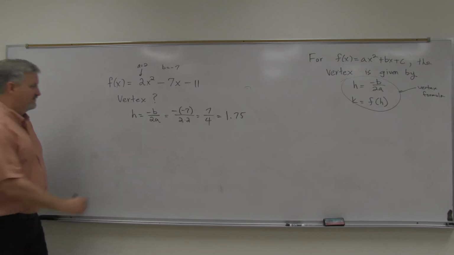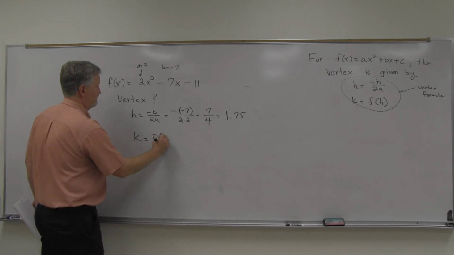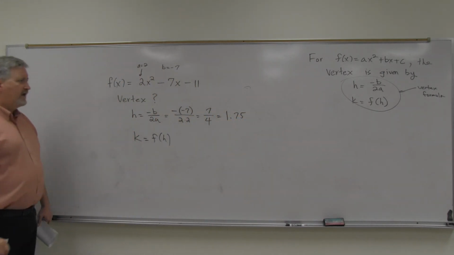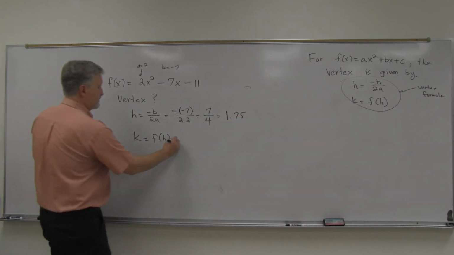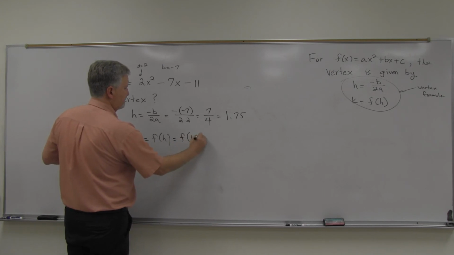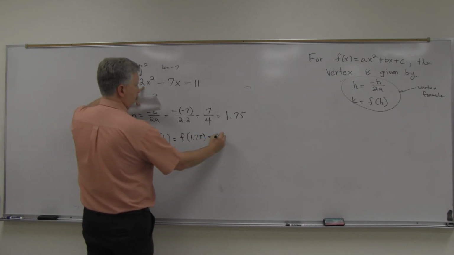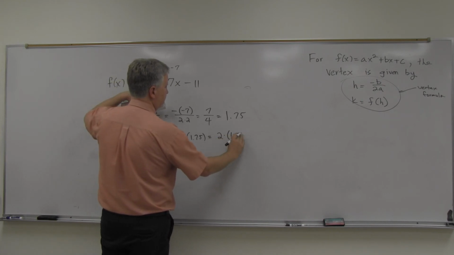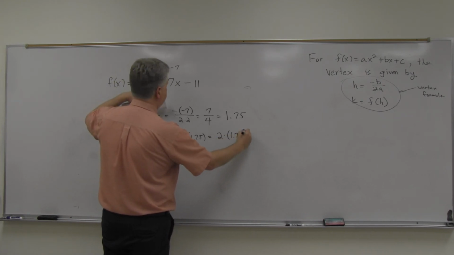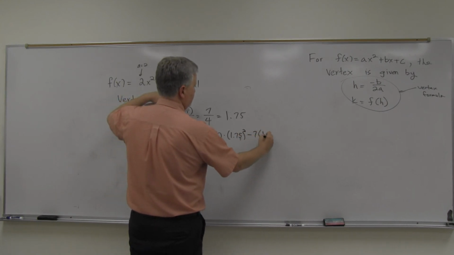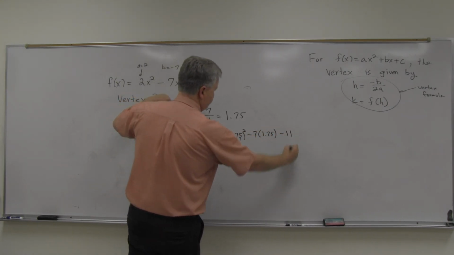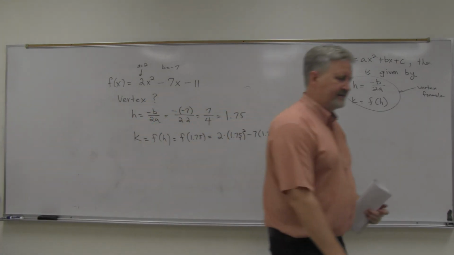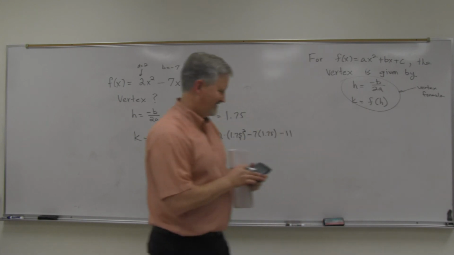What's the k? Well, k is f of h, plugging the h into the function. So in this case, it's f of 1.75, and that's going to give me 2 times 1.75 squared minus 7 times 1.75 minus 11.